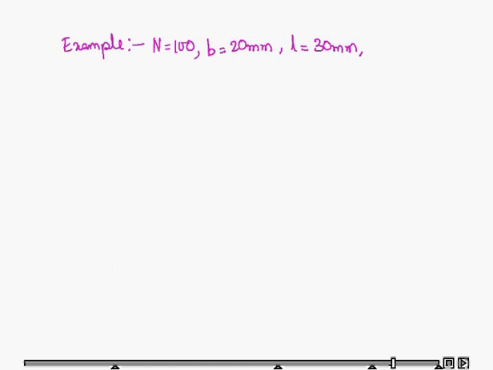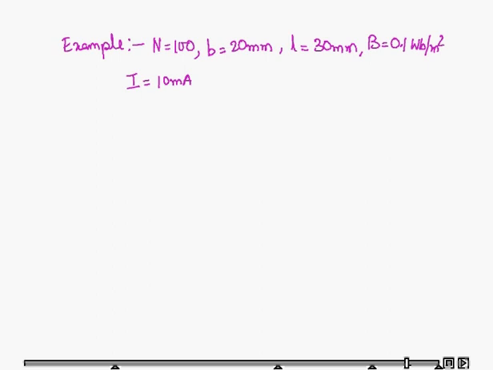The flux density in the air gap is 0.1 Weber per meter square. That means capital B is given 0.1 Weber per meter square. Calculate the deflecting torque when carrying a current of 10 milliampere. That means current I is given, it is 10 milliampere.